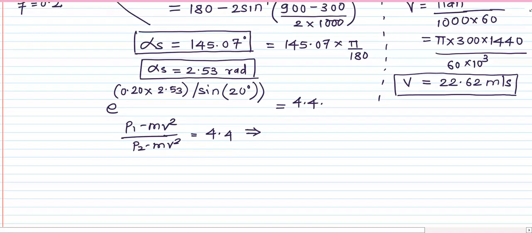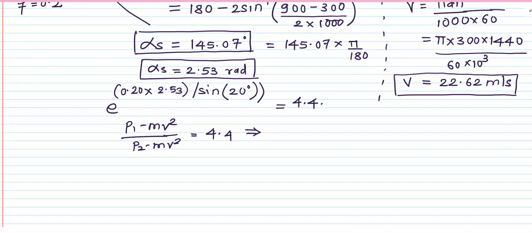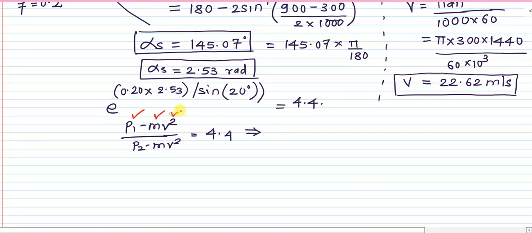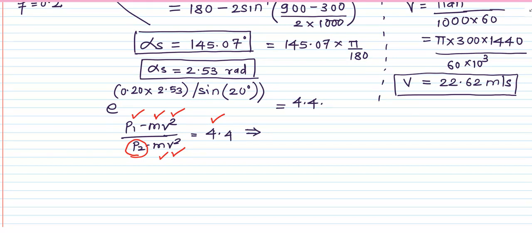Okay, so now the velocity has been calculated as well. Now we have most of the parameters known to us. If we observe carefully in this equation, we have P1, we have mass, we have velocity, which means we have mv square, and also we have the right hand side. So immediately, with one equation and one unknown, we will be able to calculate P2.